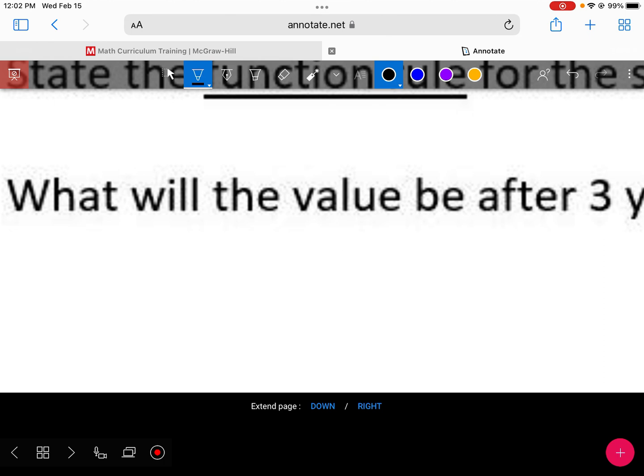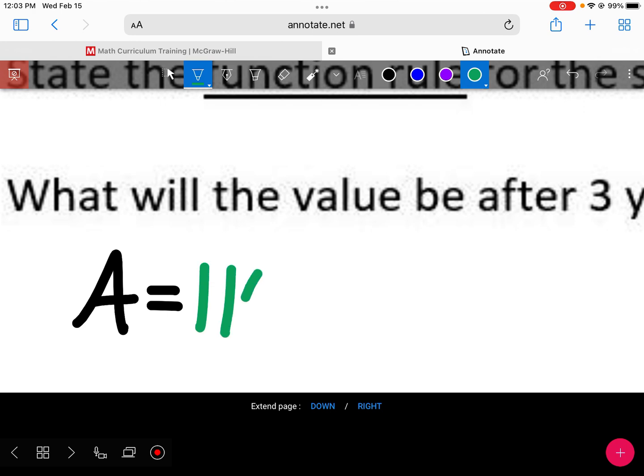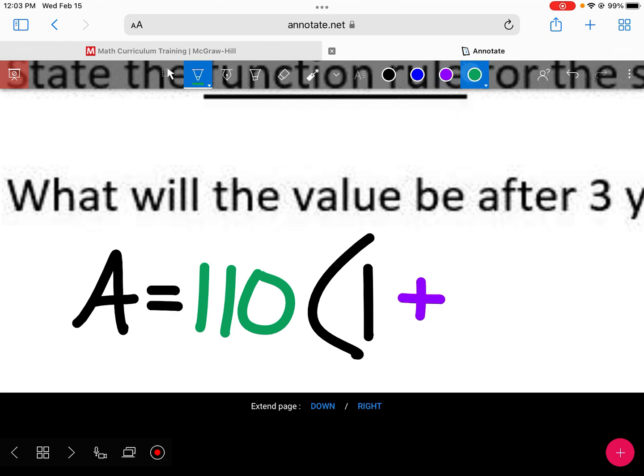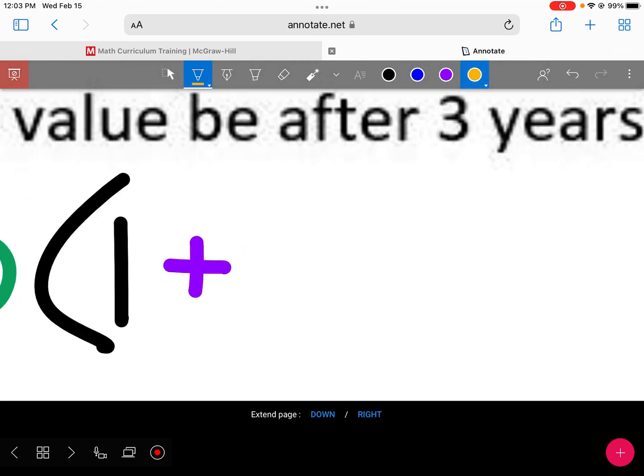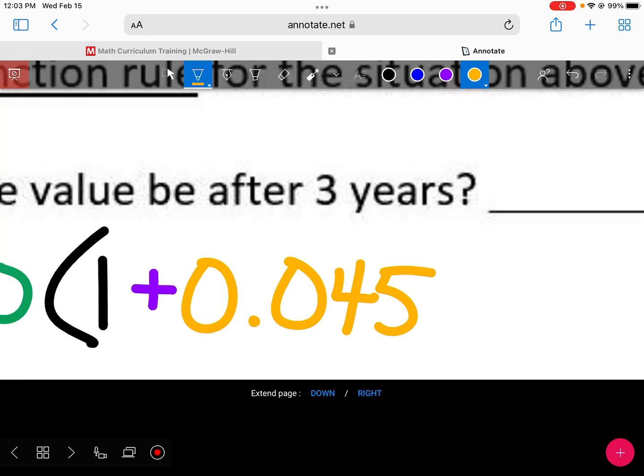For part C, what do I need to do? Replace the T with 3. Yes, we're going to replace the T with a 3 here. What is that? To the power of 3. Guys, let's finish out this last problem.